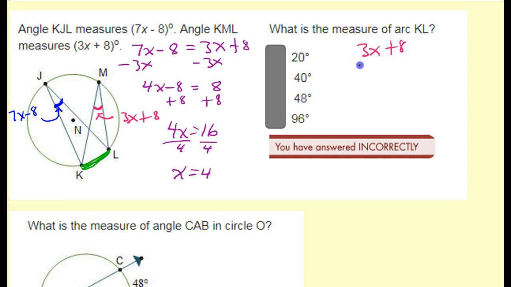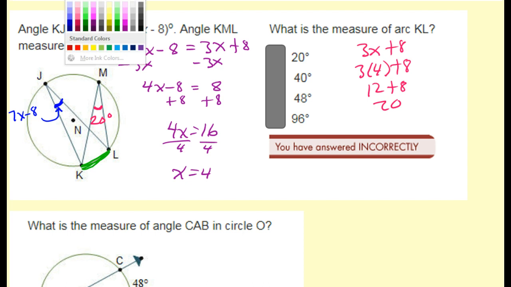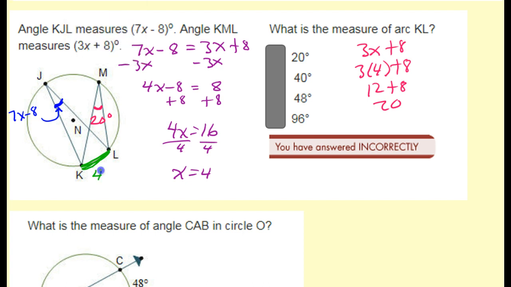If I substitute in the 4, that's 3 times 4 plus 8, so that's 12 plus 8, which is 20. So the red angle is 20 degrees. Remember that the inscribed angle is half of the intercepted arc. The arc is double. So if this is 20, then the arc should be 40 degrees. So this should be the answer right here.